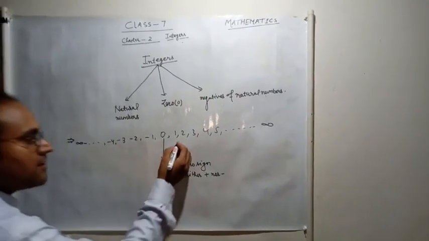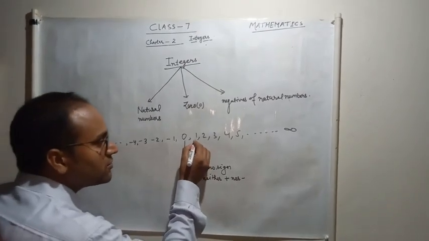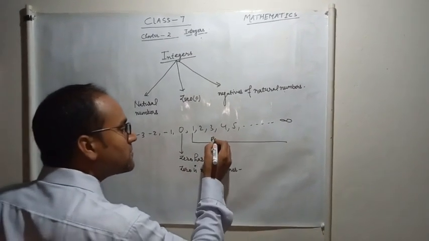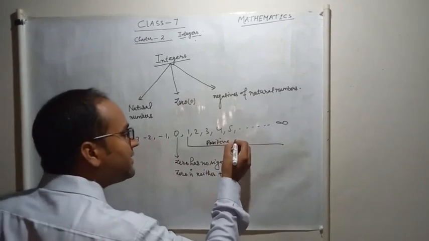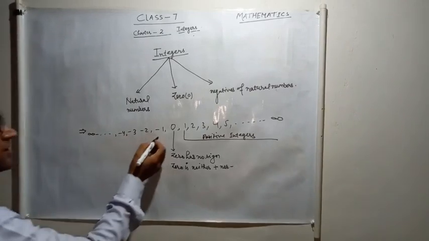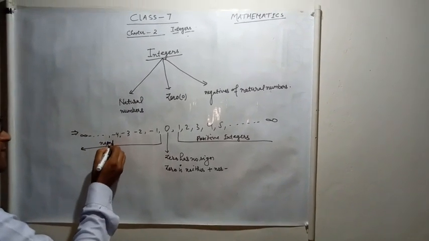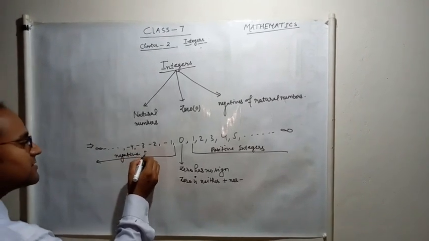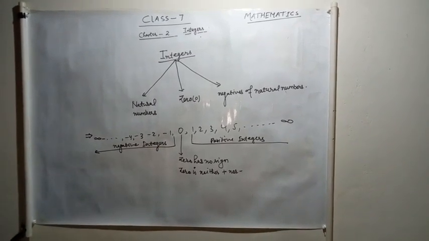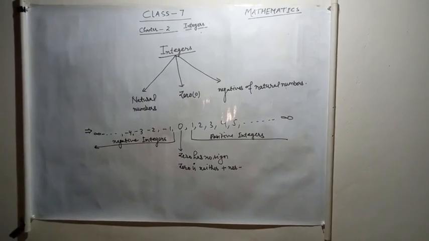Integers to the right side of 0 are positive integers, and to the left side of 0 are negative integers.